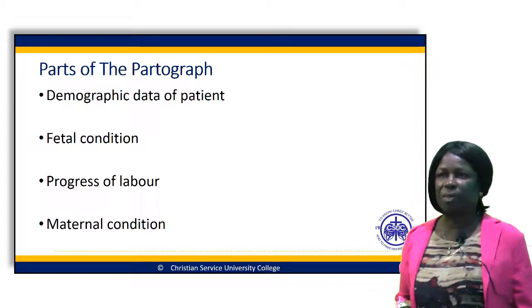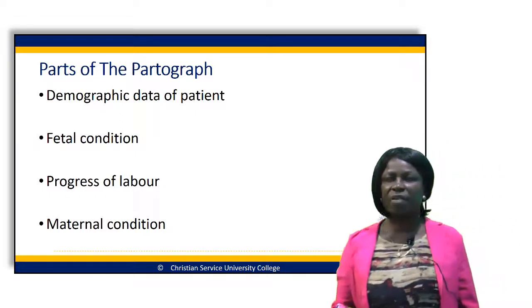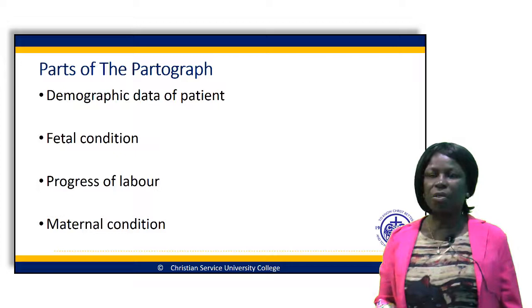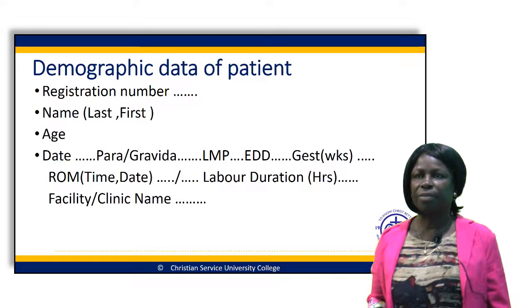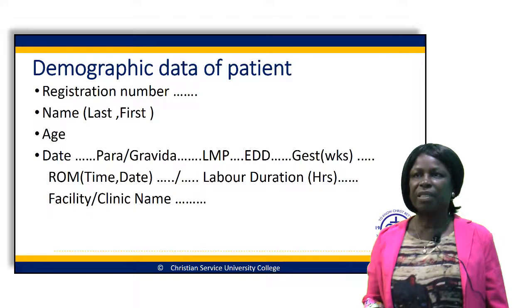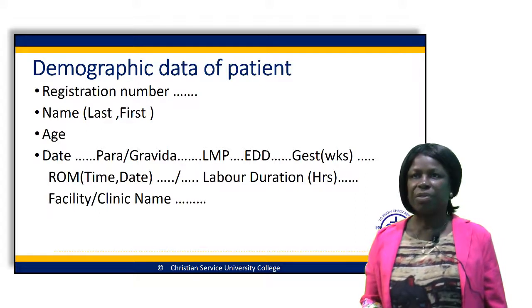These are the parts of the Partograph: demographic data of patients, fetal condition, progress of labor, maternal condition. Demographic data of patient: registration number, name, that is last and first name. Age, the age of the client, the date that the client reported. Gravida, number of pregnancies, and para, the number of deliveries that the mother has had.